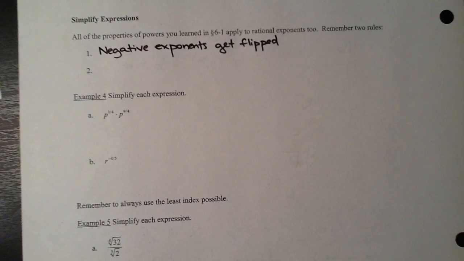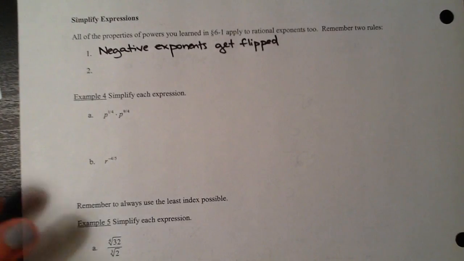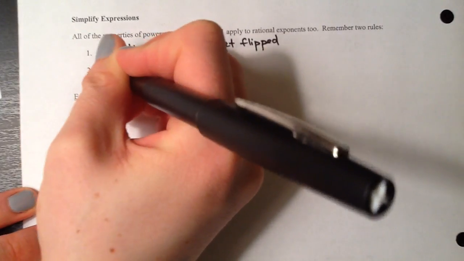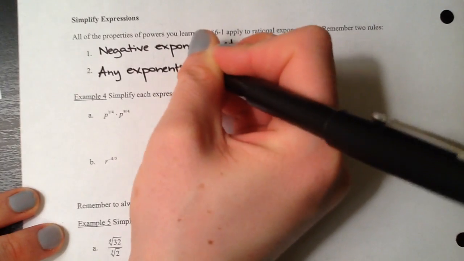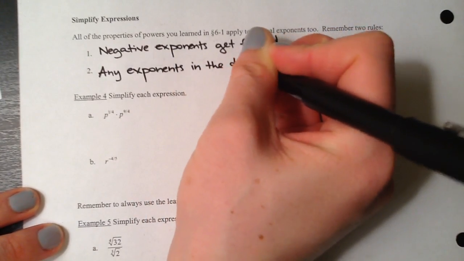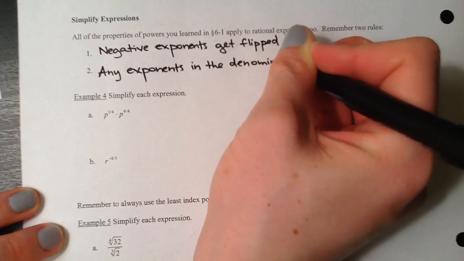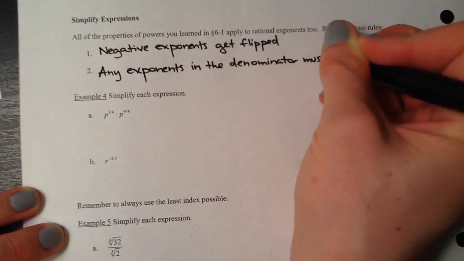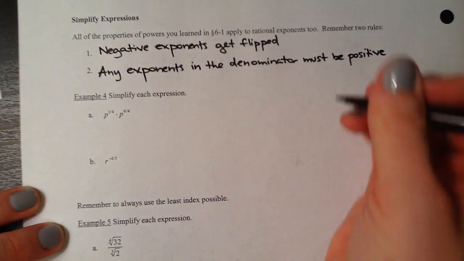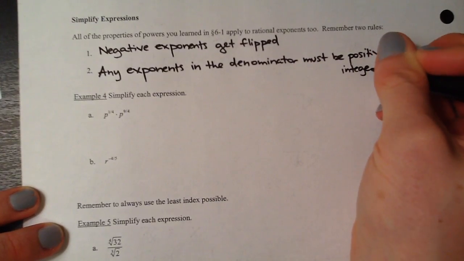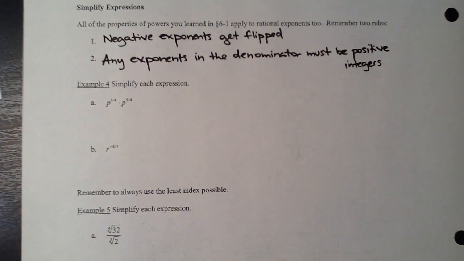And then one of our rules, which I don't know if we've talked about this in a while, but one rule of exponents is that any exponents in the denominator must be positive integers. Meaning whole numbers.